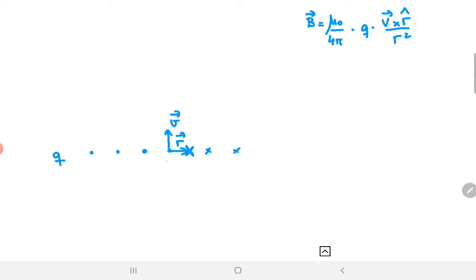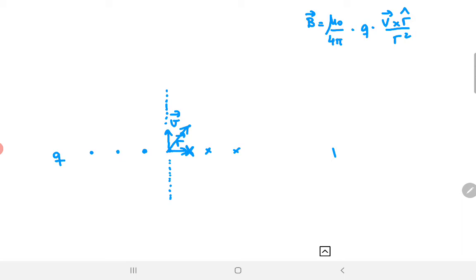If I go along this line, as the distance vector and the vector v are both parallel, the magnetic field on this line is 0. If I go to a point, let's say this one, the distance vector is going to be this one. Again, the magnetic field has to be perpendicular to the plane that contains both v and r, which is the screen.